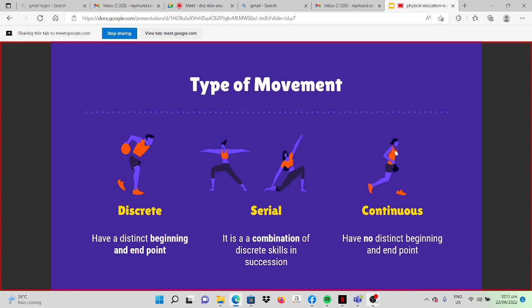For example, aside from the sports mentioned, let's go to some exercises that have serial skills. I really love to go to the gym, not to show off muscles, but for the love of workout. One of my favorites is lifting a weight, barbell curl, and doing squats. Those exercises are examples of serial skills because you execute a succession of movements.